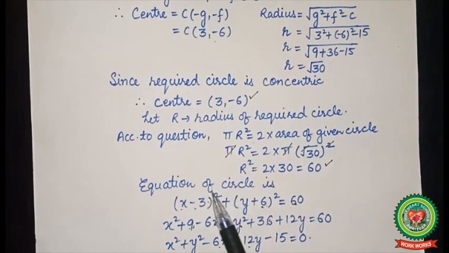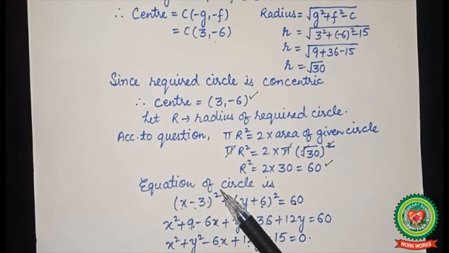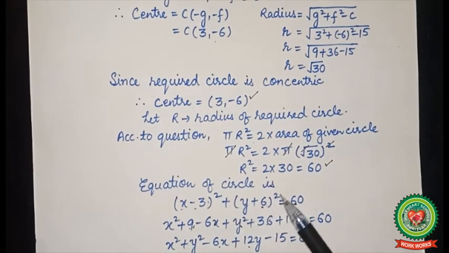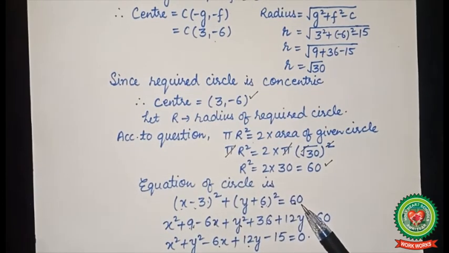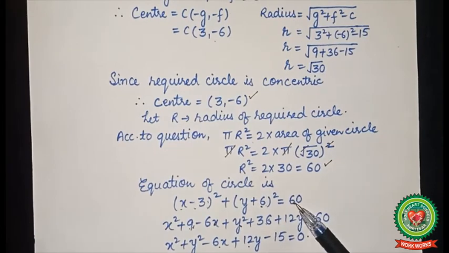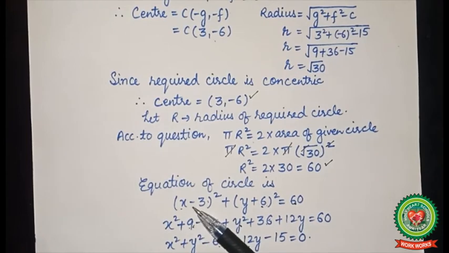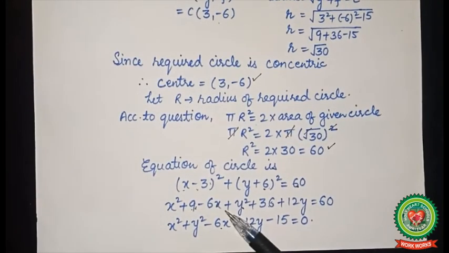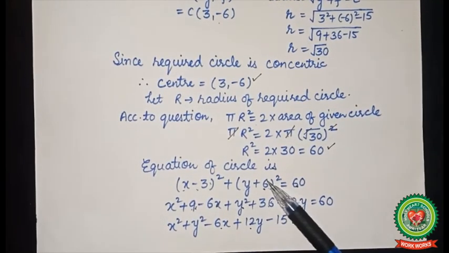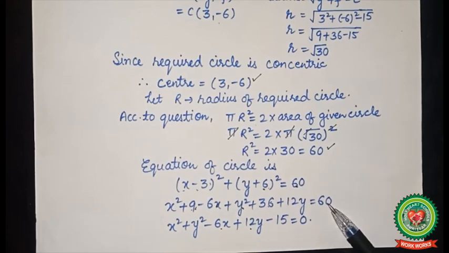So we can find the equation of circle: x minus 3 whole square plus y plus 6 whole square is equal to the value of capital R square, that is 60. On simplifying here, applying the identity of a minus b whole square and a plus b whole square, we get x square plus 9 minus 6x plus y square plus 36 plus 12y is equal to 60.